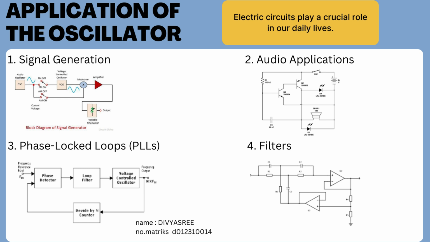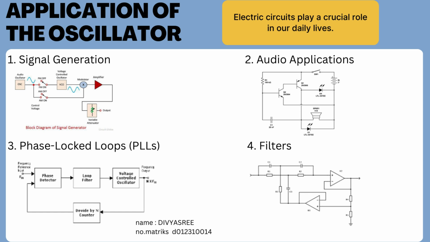Third, phase lock loops, PLLs. In PLL systems, twin-T oscillators can serve as reference frequency sources, helping to stabilize and control the frequency of the PLL. Fourth, filters. Twin-T networks are used in band pass and band reject filters.